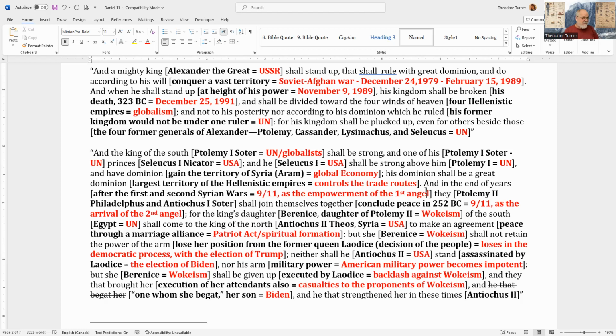So we're going to go back to 9/11 as a symbol of the empowerment of the first angel, dealing with Islam, and we're going to say that is how we take these First and Second Syrian Wars. We're going to parallel it in this history with the Soviet-Afghan War, which is a proxy war between the US and the Soviet Union.